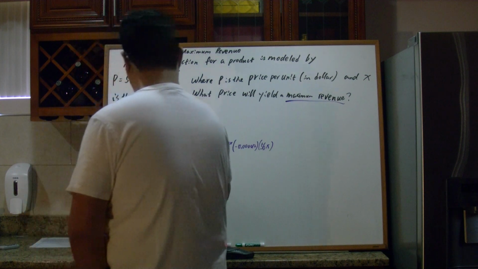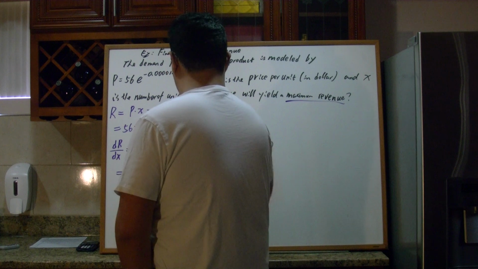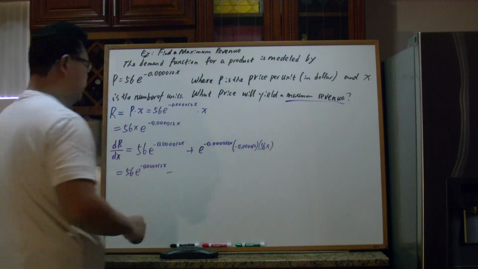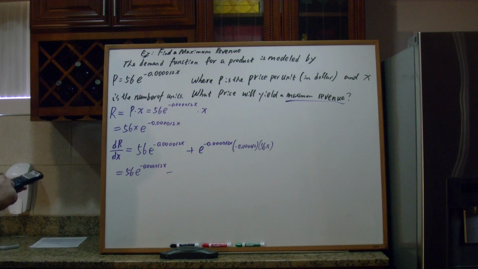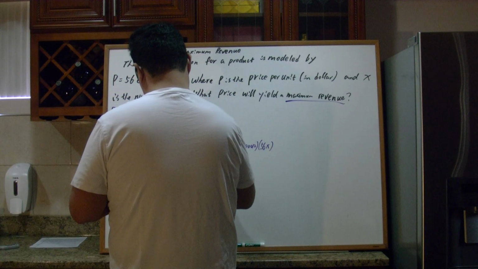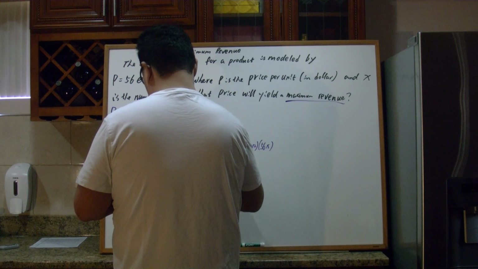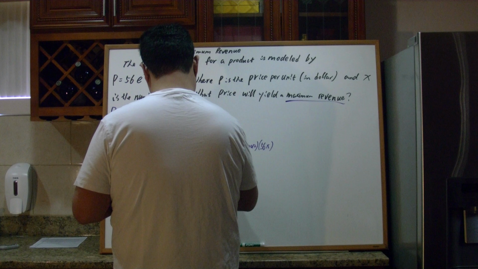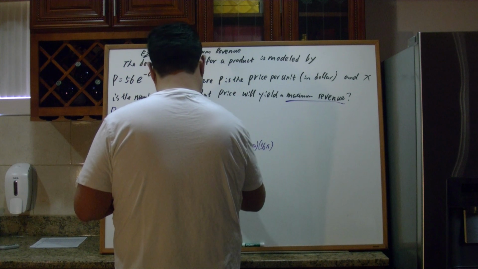Right, that's so many decimals we have. Then 56, that's negative 0.000672x.